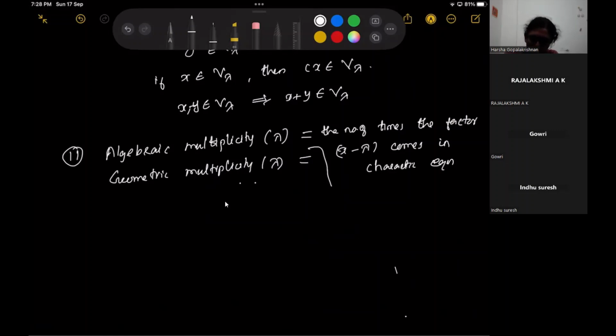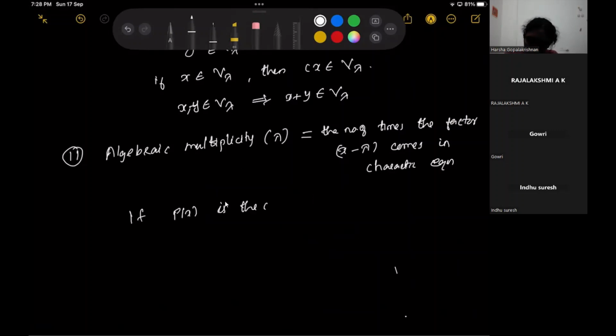If P(x) is the characteristic polynomial and lambda is an eigenvalue, we can write it as (x minus lambda) to the power r times some phi(x). We are taking the maximum power r of the factor x minus lambda outside. So whatever this r is, that r is the algebraic multiplicity.